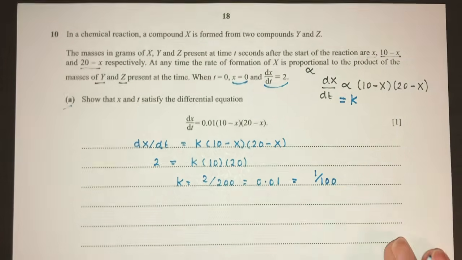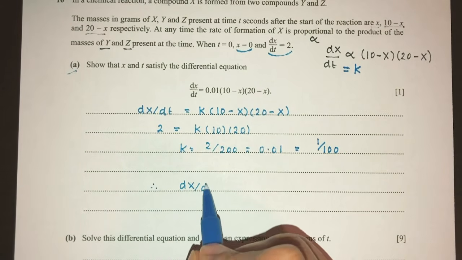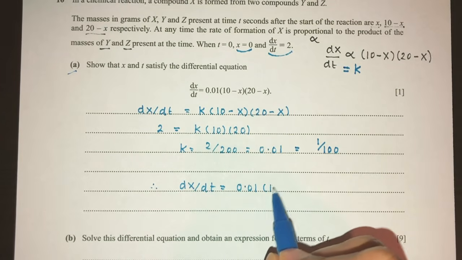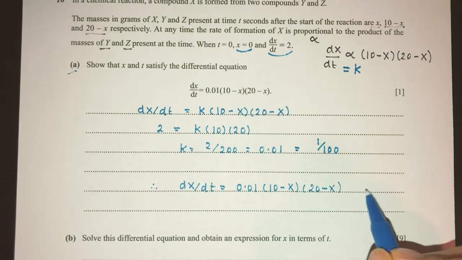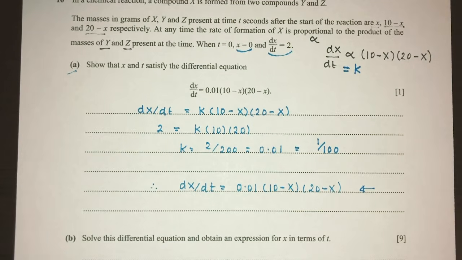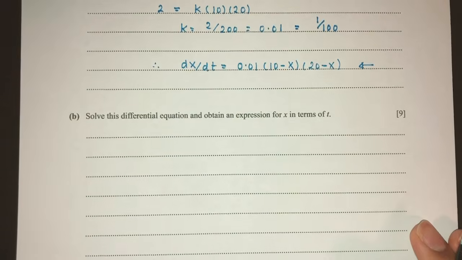Up to you, right? But finally, you have to write down dx by dt is equal to 0.01 times 10 minus x times 20 minus x. This is shown as required for this one. Okay, that is for part 1. It is only for 1 mark. It's pretty easy.